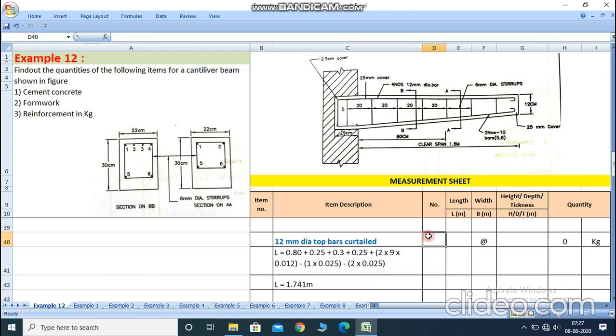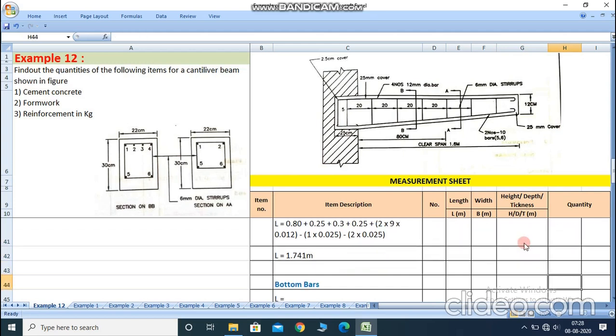So here 2 number of the bars is provided, so right here 2, length of the bar is 1.741, and for 12 mm diameter bar, d square divided by 160, we got the per meter length weight. So here weight we take as 0.89 kg per meter. So we got answer 3.099, which is the multiplication of 2 multiplied by 1.74 multiplied by 0.89. So its answer is 3.099 kg.